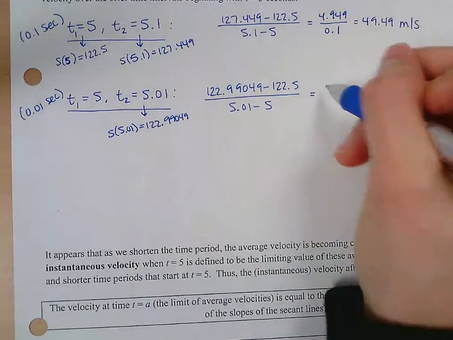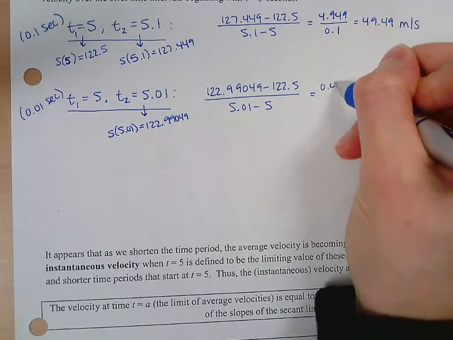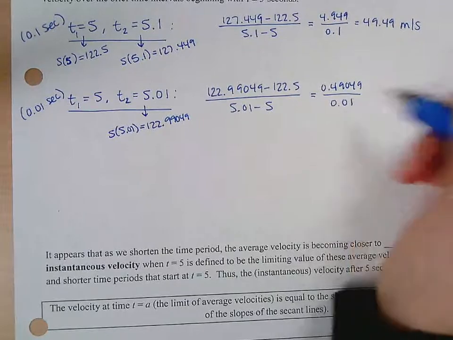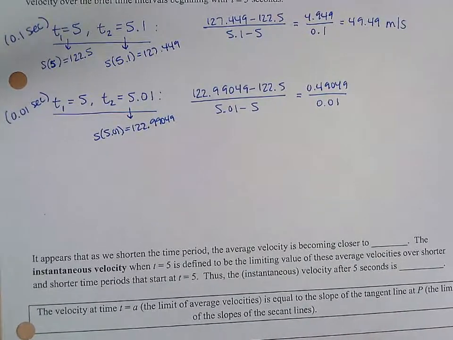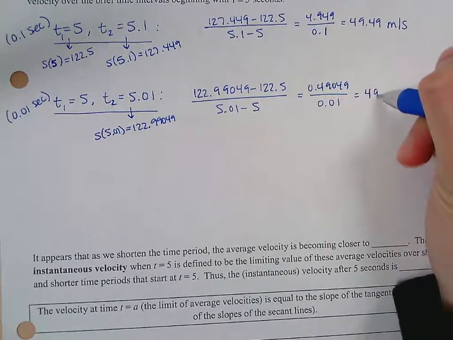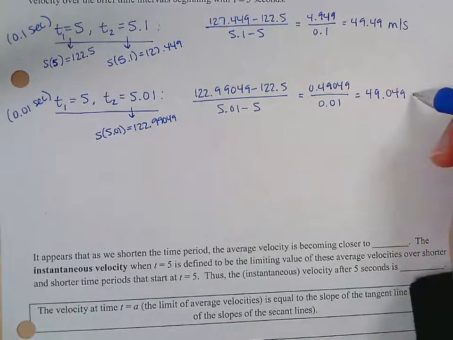So my displacement is 0.49049 over a 100th of a second. That would give me 49.049 meters per second.